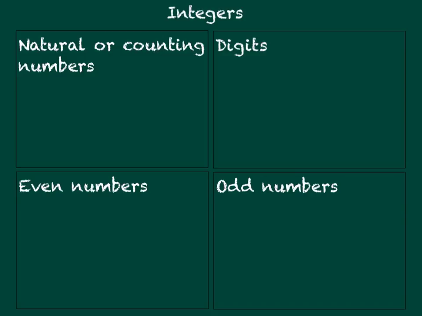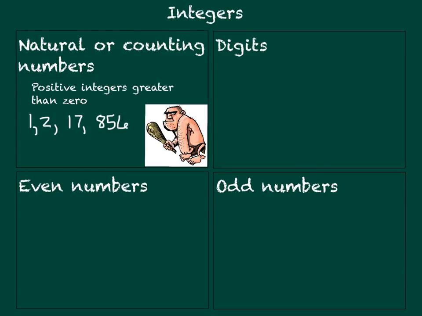So their counting numbers are 1, 2, 17, 47. All of the positive integers that are greater than 0. So remember, if you can physically count something that exists, like rocks, then it's a counting number or a natural number.